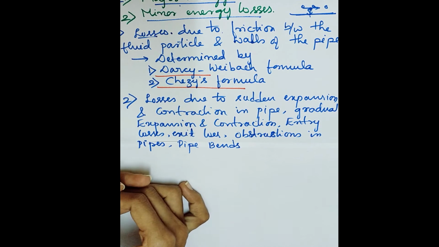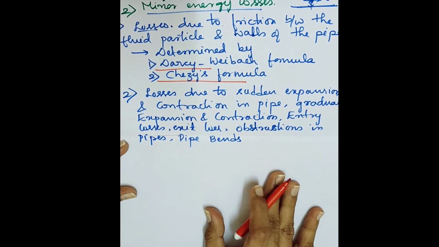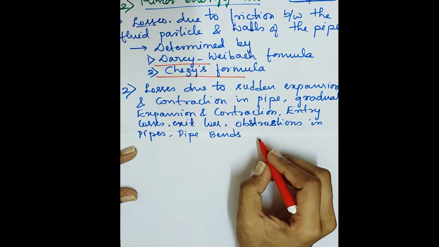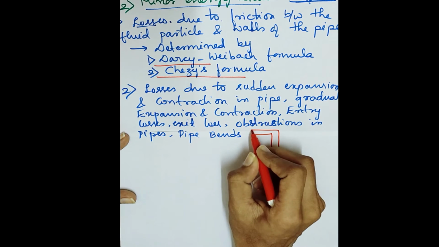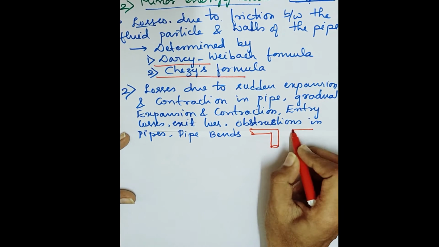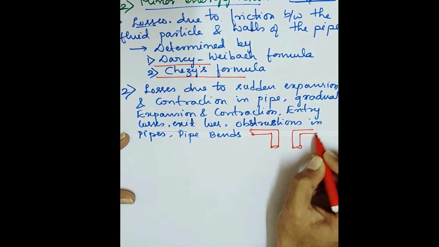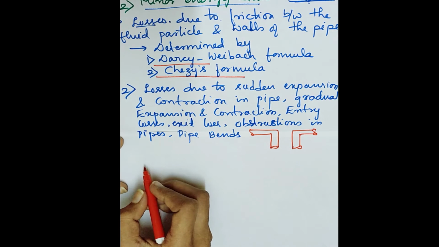I'll just draw the figure. You can see when these minor losses occur. For example, if there is a bend in the pipe, so if the pipe has been bent, those losses are minor losses.